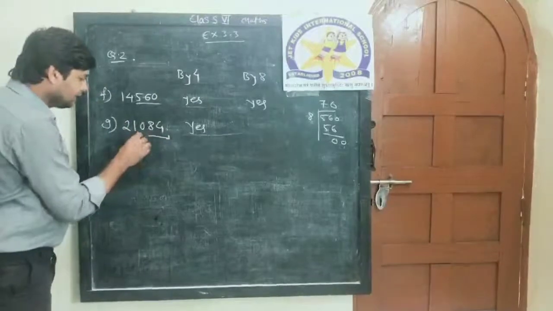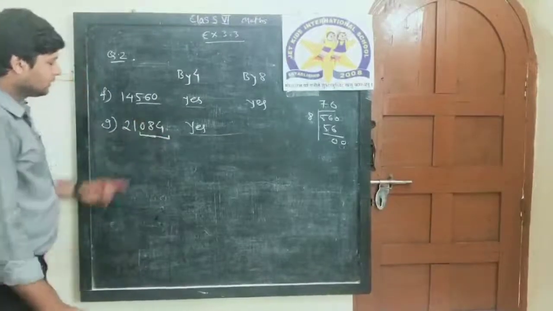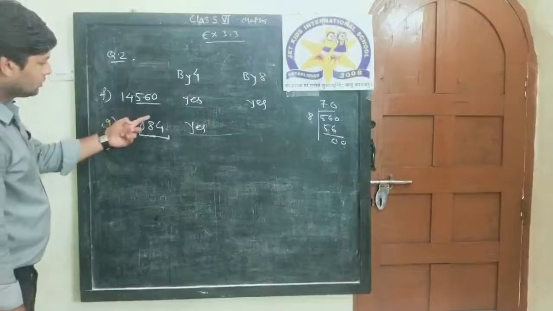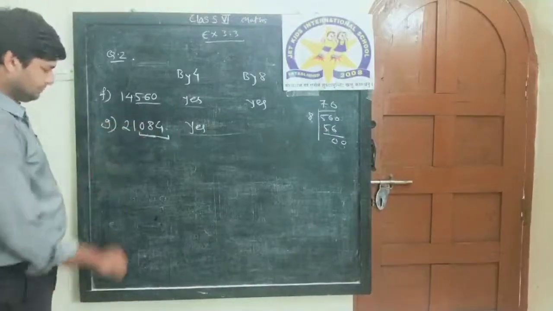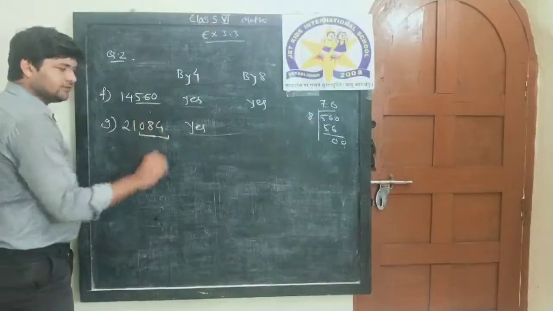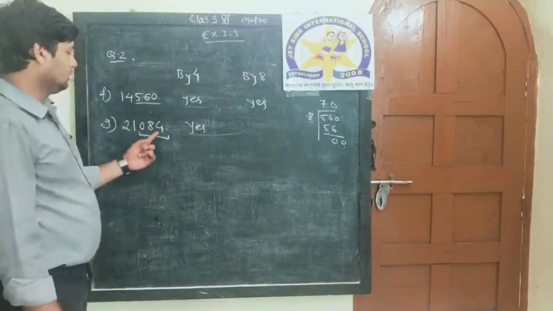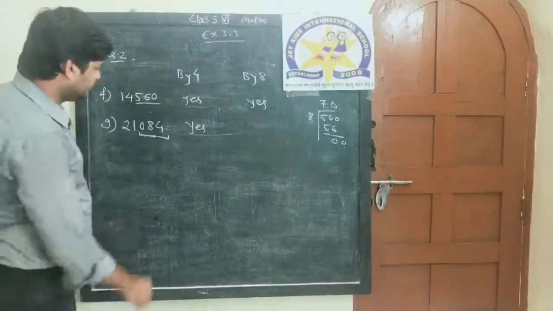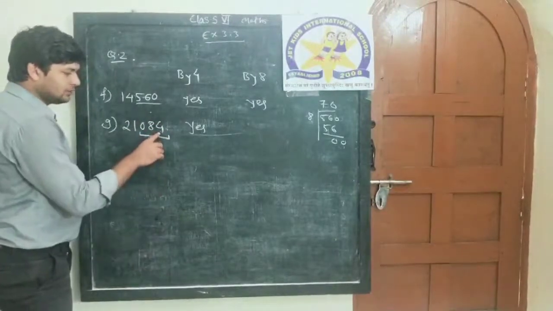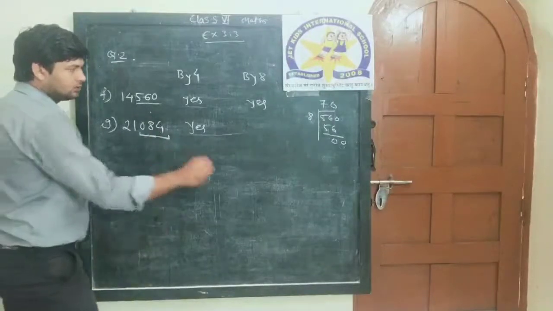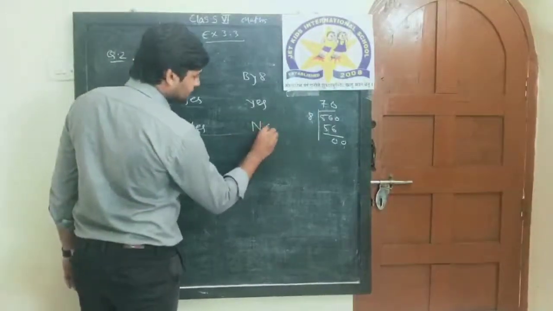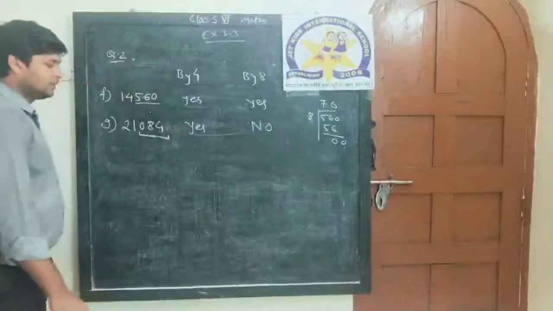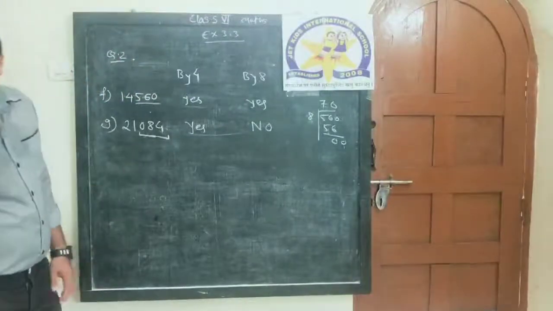Now I am taking the last 3 digits, 084. 4 is not divisible by 8, so it won't be divisible by 8. Clear? 084, that means 84 only.